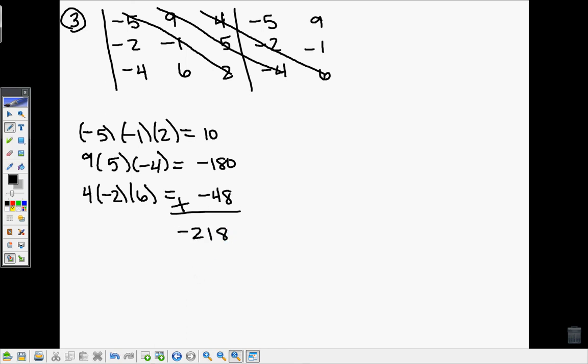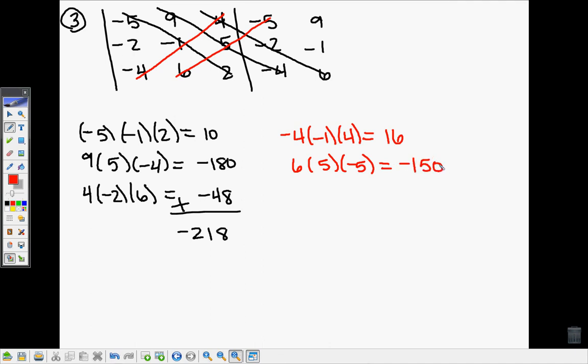Okay, now we have to go backwards. So take this first diagonal. That's going to be negative 4 times negative 1 times 4. What do you get? 16. The next diagonal is this one. 6 times 5 times negative 5. What do you get?